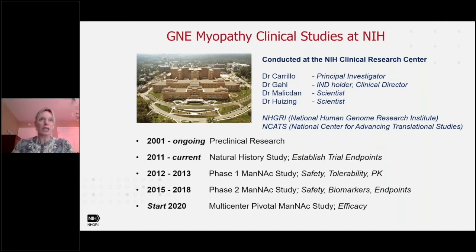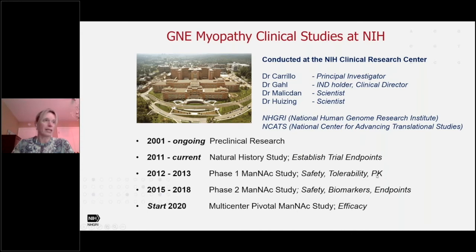A natural history study was started by Dr. Carrillo in 2011 to establish clinical trial endpoints, just to learn more about the progression of the disease, to learn more about certain markers of disease. The phase 1 study for ManNAc was finalized in 2013 and established safety, tolerability, and how the body processes ManNAc.